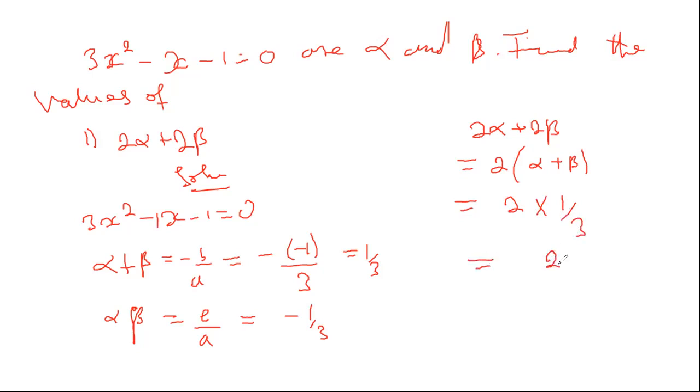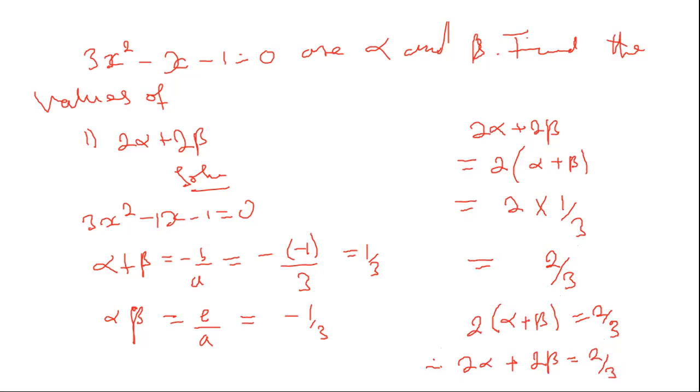So finally we shall have 2 over 3. So we say 2 into alpha plus beta is equal to 2 over 3, and therefore 2 alpha plus 2 beta is equal to 2 divided by 3. So that was 1.